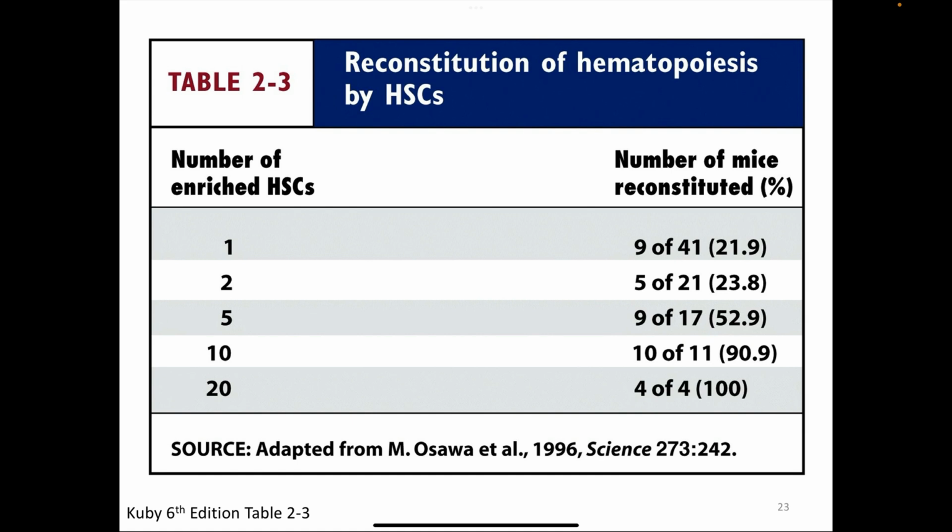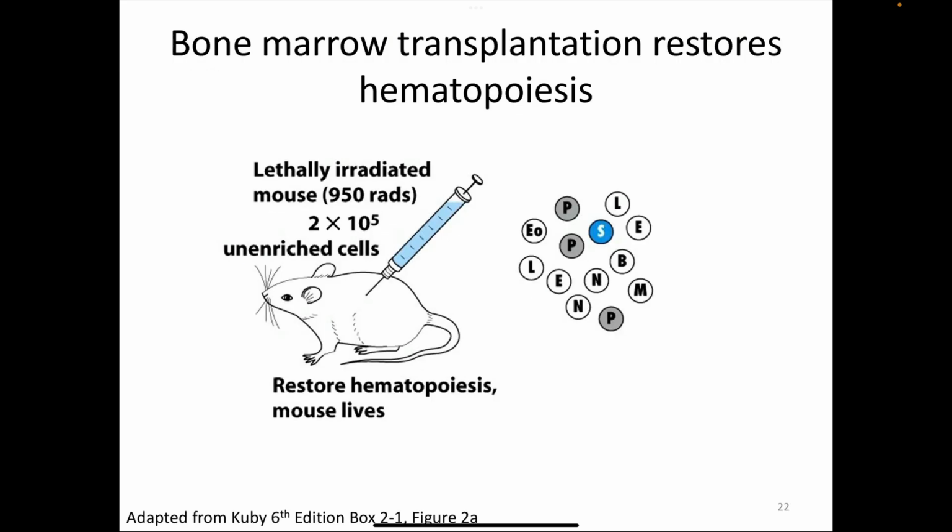And so what this paper shows is the strength of that hematopoietic stem cell. What they did in this paper is they said, I don't feel like using a whole mixture of all of these kinds of cells from bone marrow. Instead, I'm going to try to purify just hematopoietic stem cells.